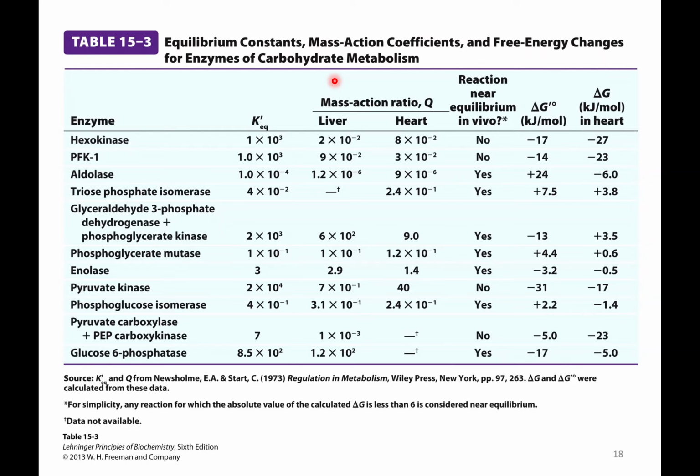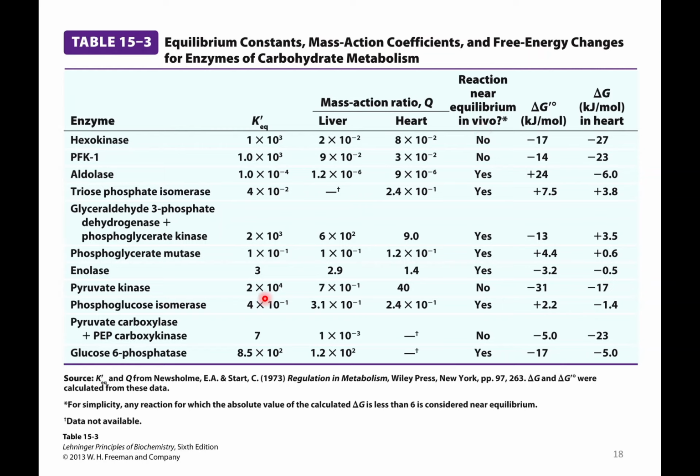Those would be the reactions that aren't regulated, and the ones that are not close to equilibrium are going to be the reactions that are regulated. So if we look at these, hexokinase, that's step 1, and PFK1, that's step 3, are not near equilibrium. So those are going to be points of regulation.